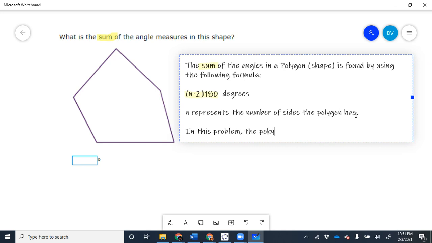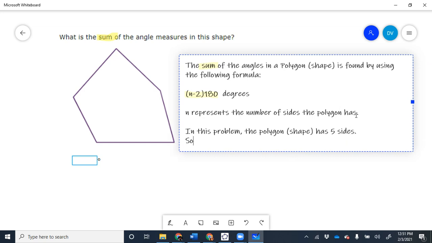The polygon just means the shape we're using. That shape has 5 sides. So n is 5. N equals 5 in this problem.